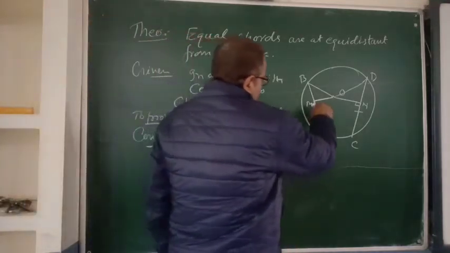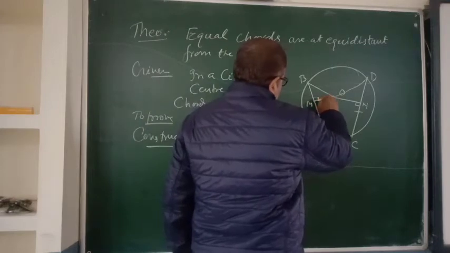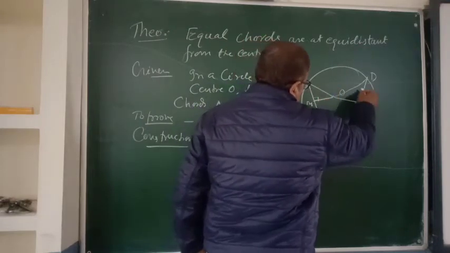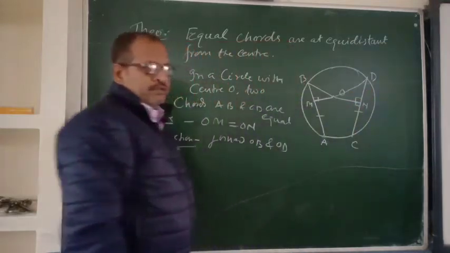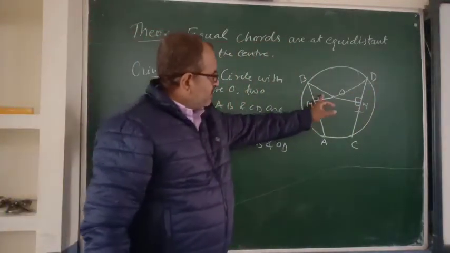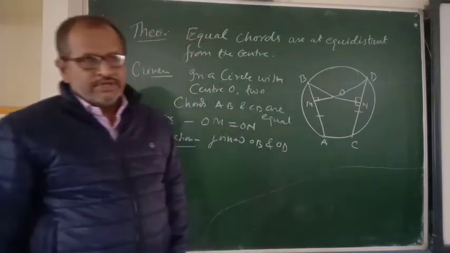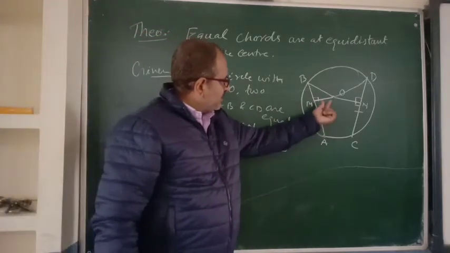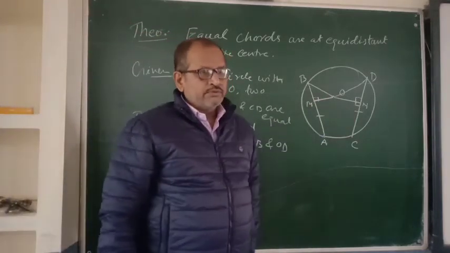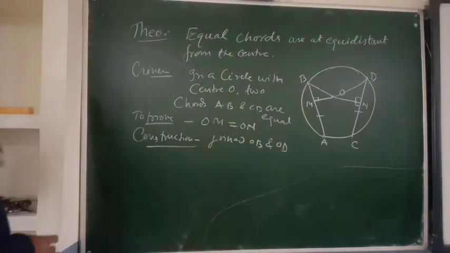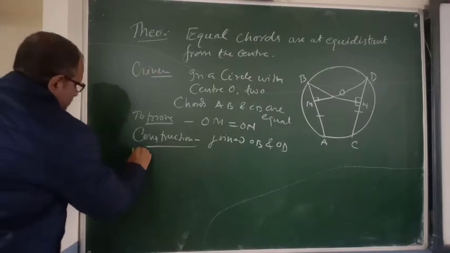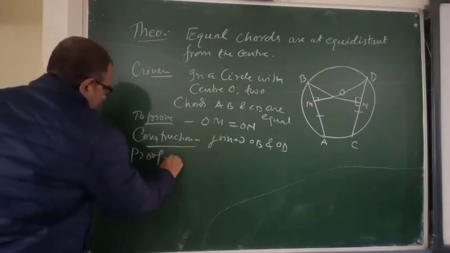So we will get two triangles, triangle OBM and triangle ODN. We have to prove these two triangles congruent. Then by symmetry we can write OM is equal to ON. How can we prove these two triangles congruent? You see the proof.